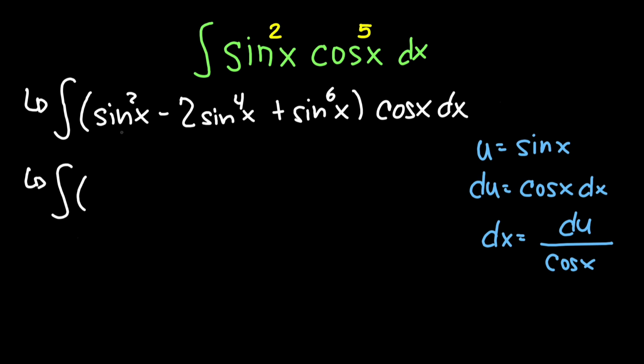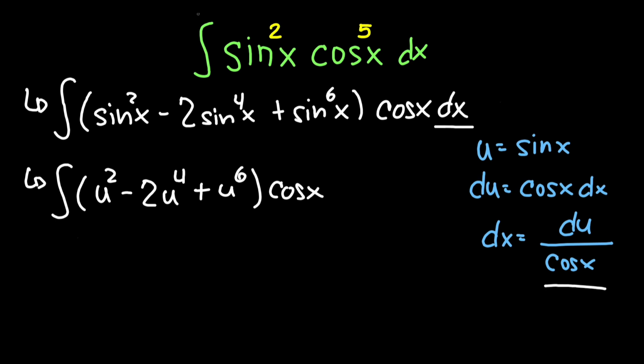It would be the integral of u squared minus 2u to the power of 4 plus u to the power of 6 multiplied by cosine of x, and dx right here would be equal to du over cosine of x. We can see here that cosine of x would cancel, leaving you with a du.